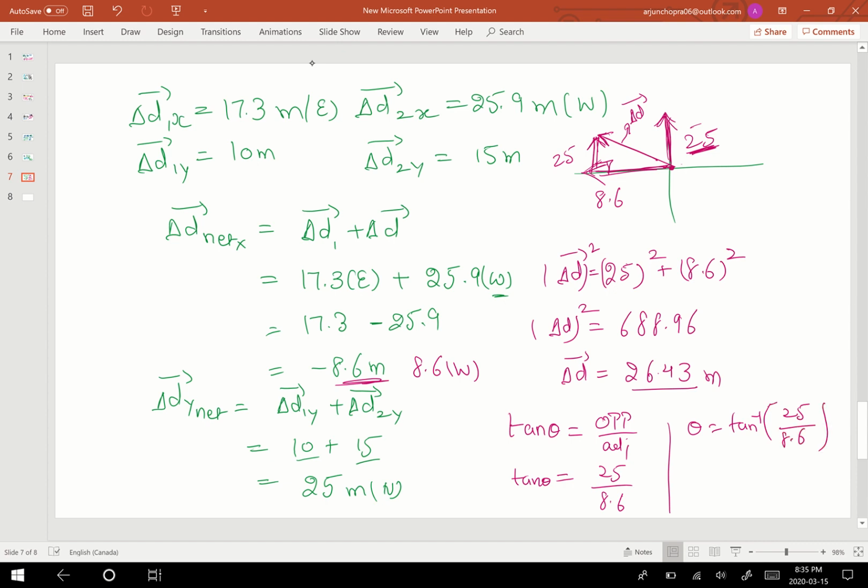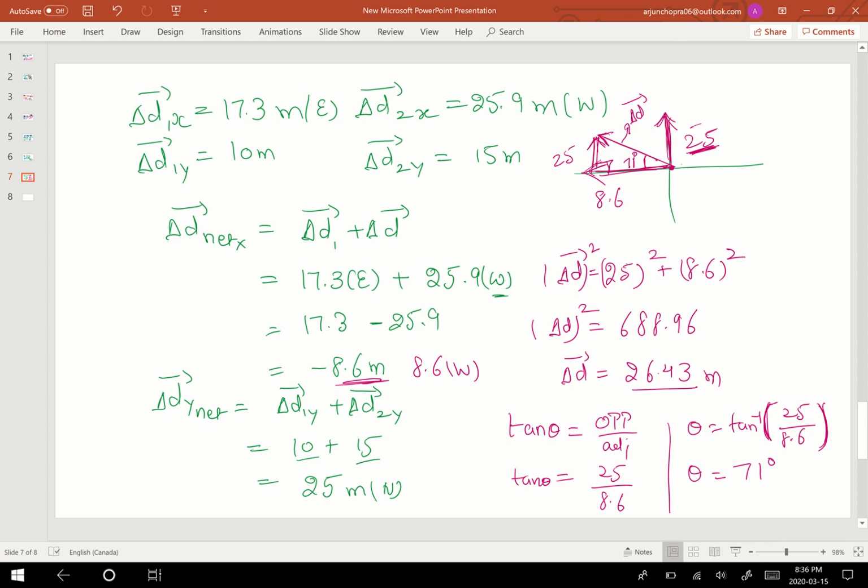Make sure you are putting these values in the bracket while feeding it in the calculator, otherwise your calculator will give you the wrong value. So tangent inverse, second function, tangent inverse 25 divided by 8.6, that will be theta equal to 71 degrees. So this angle comes out to be 71 degrees.